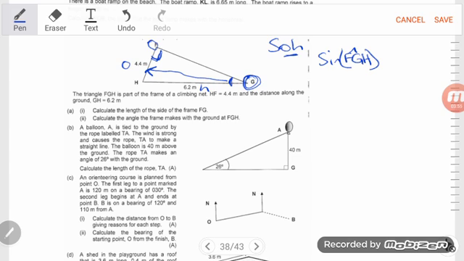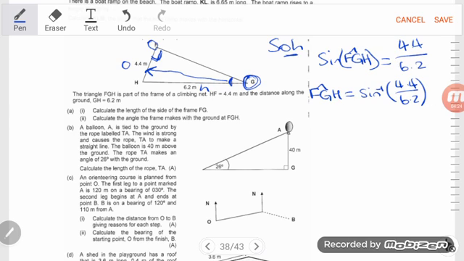Let's make sure that that looks like our angle is 4.4 over 6.2. So angle FGH is equal to sine inverse of 4.4 over 6.2.